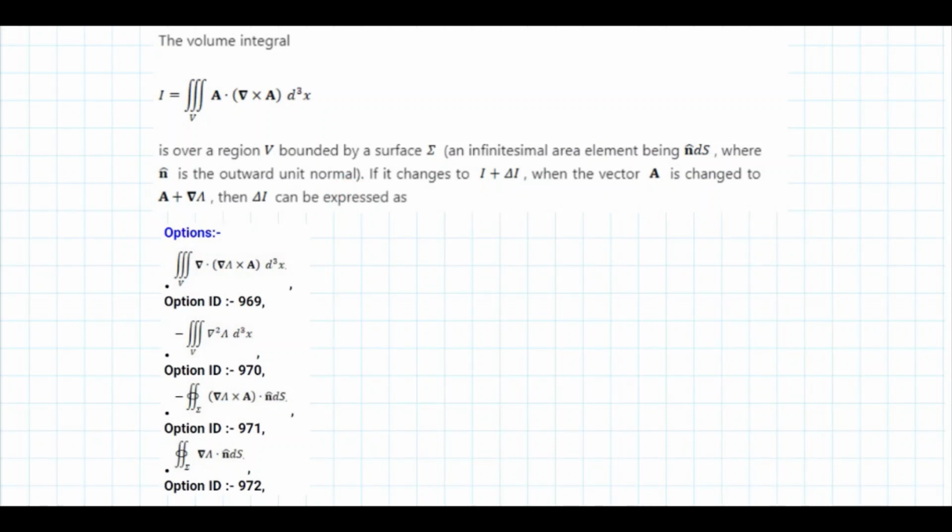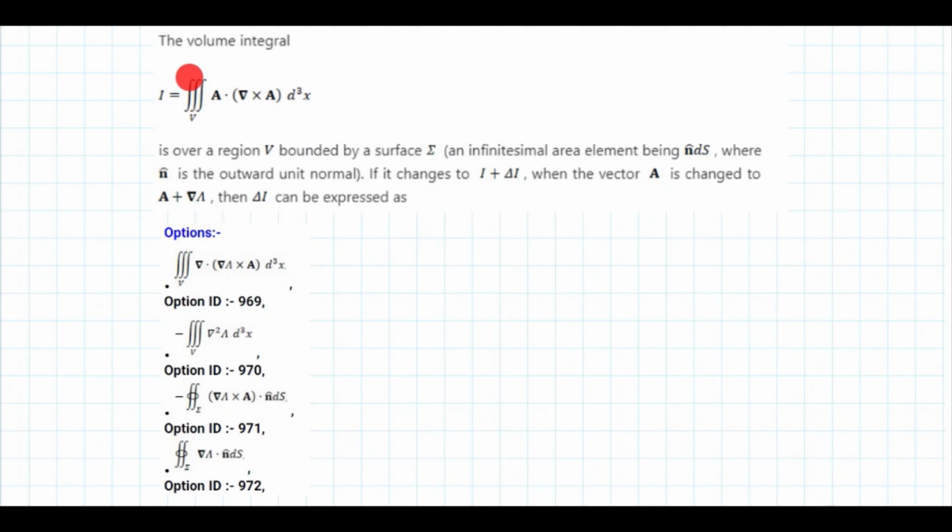If it changes to I plus delta I when the vector A is changed to A plus del lambda, that is, when you change this vector field A by adding the gradient of a scalar, then delta I can be expressed as what? What is the change in this integral, delta I? That is the question.